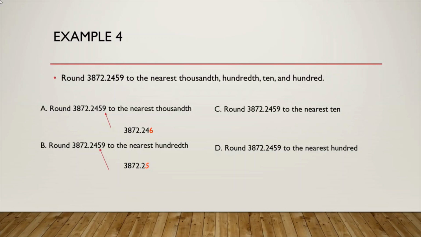Nearest 10, since it's not tenths, it's going to be larger. It's going to be in the tens place, as opposed to the tens place on the other side of the decimal. So you want to look at the ones place, which is 2, which would indicate that you round down.